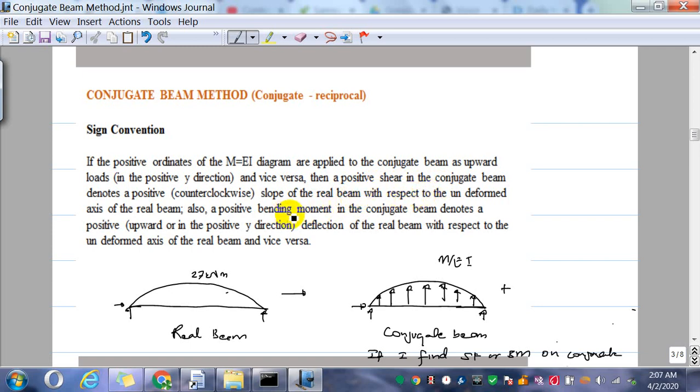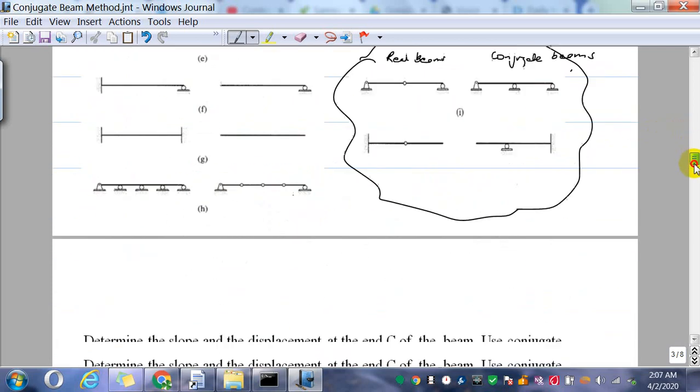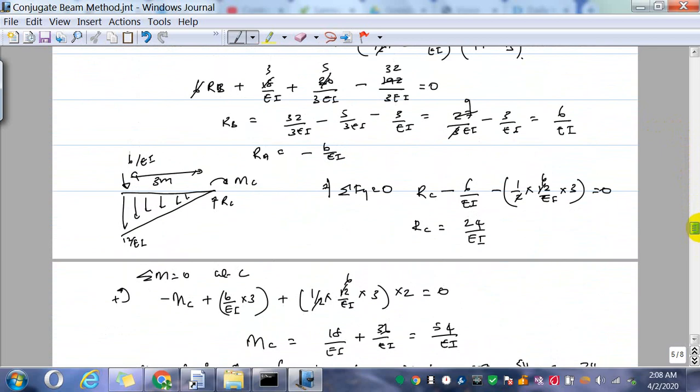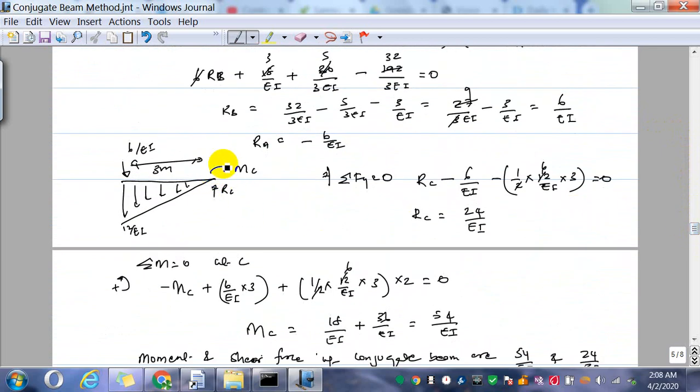And a positive bending moment in the conjugate beam denotes a positive deflection of the real beam with respect to the undeformed axis. So in that perspective, if we look at here, considering this situation, the MC is clockwise.